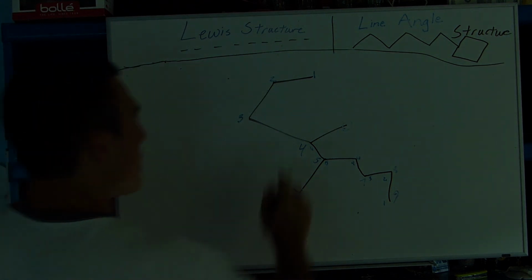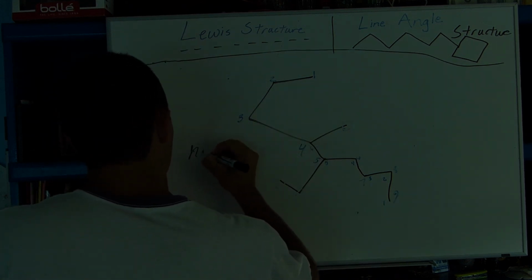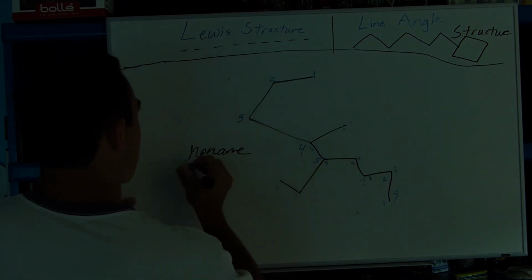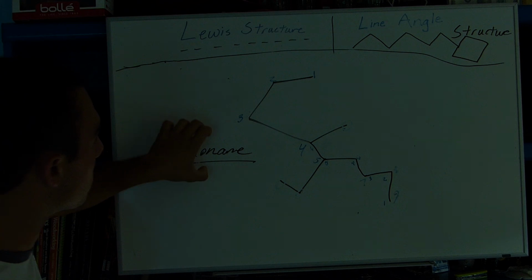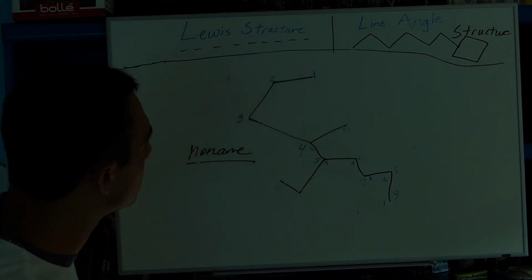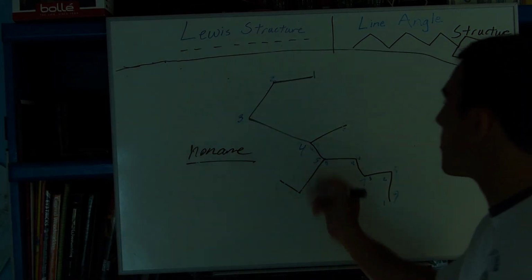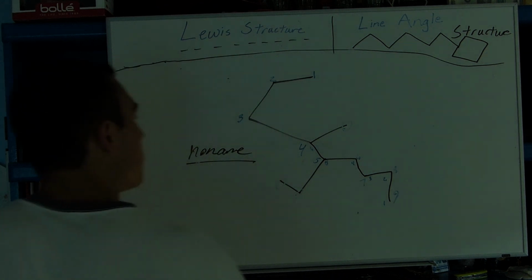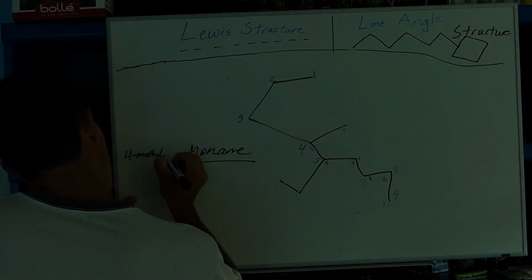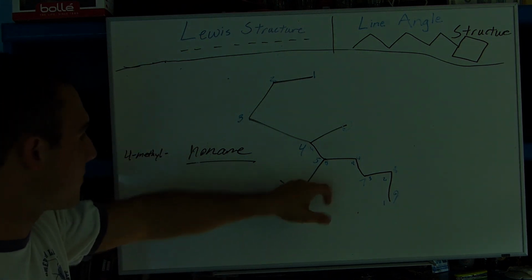So let's name this. Let's find out how many there are. There's 9 in the longest, so that's nonane. Single bonds, ane, nonane. That's our backbone of the molecule. So where do we have our methyl and our ethyl branch? Well, you're going to look here. We have a methyl group at the 4. So we're going to put 4-methyl. Oh, and then we have an ethyl group at the 5.